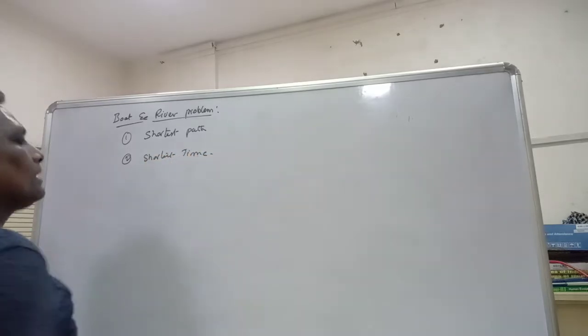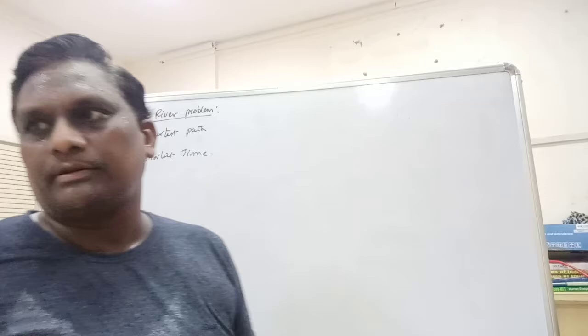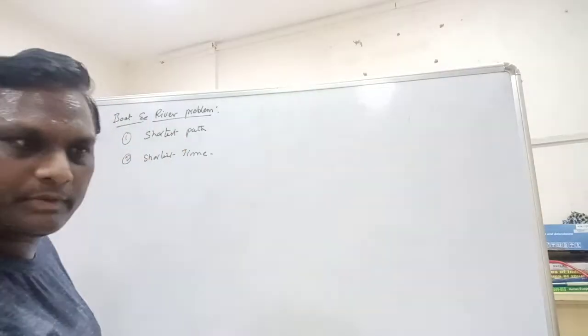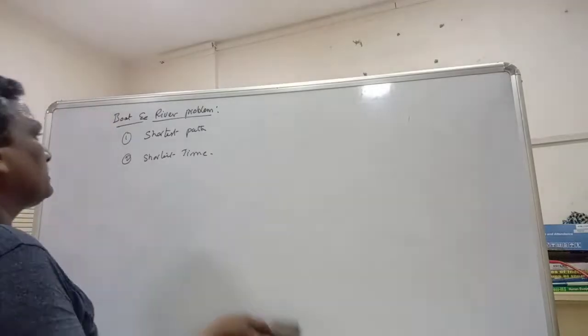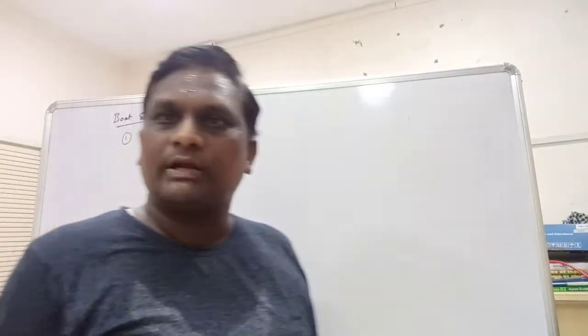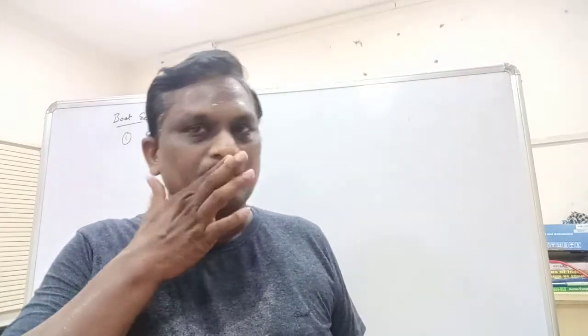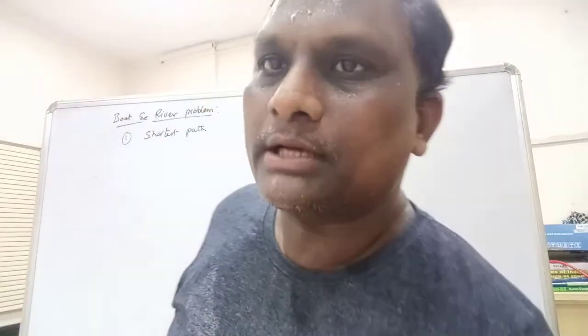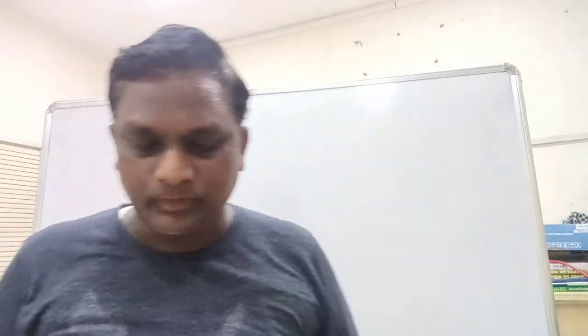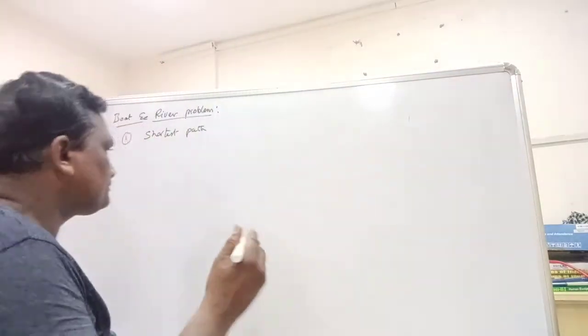Now we see the shortest path. In the boat and river problem we have two cases, one is the shortest path and second one is the shortest time. So now you see the shortest path.